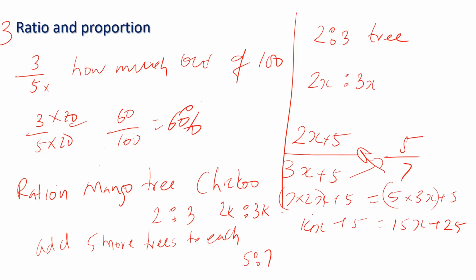Here we are supposed to write, here it is 5 5s are 25 and here it is 35, 7 into 5. Sorry, I forgot. Now we got 14x plus 35 is equal to 15x plus 25, where we can calculate x, which is equal to 10 in this case. Now that means if the ratio is 2 is to 3, it will be 20 is to 30, because x is 10. This way we can solve the problem.